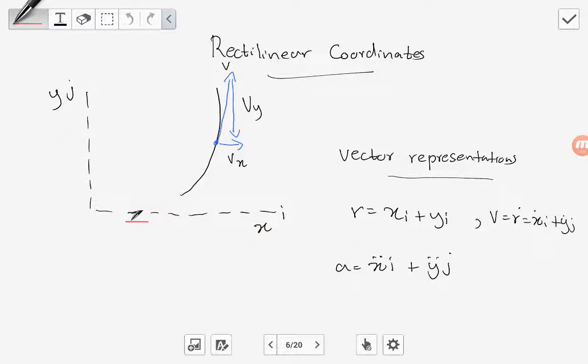So for example, if there's a velocity diagonally, we can represent it as something like 2i plus 2j. So r is equal to xi plus yj, should be j over here, yj.